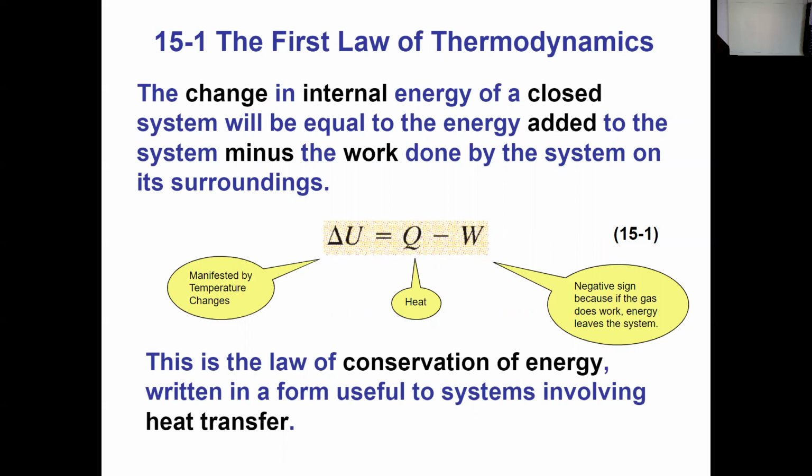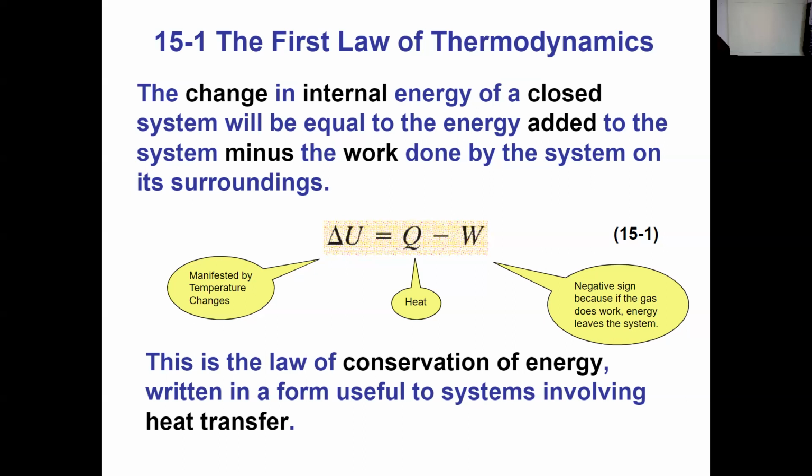So this internal energy, if it's kinetic, is going to have a direct correspondence to temperature. And so we can measure internal energy indirectly by measuring temperature. So changes in internal energy are also going to be accompanied by changes in temperature.